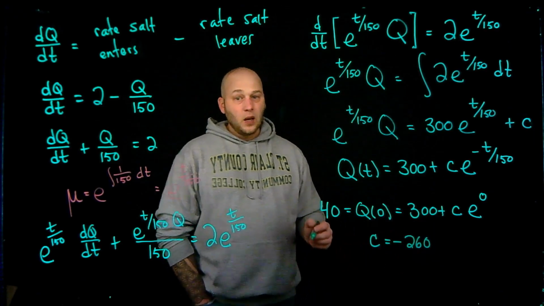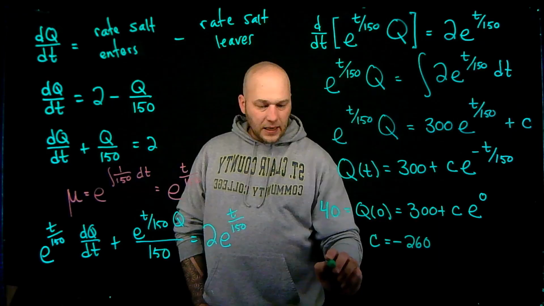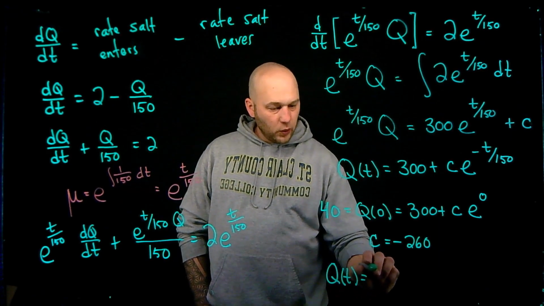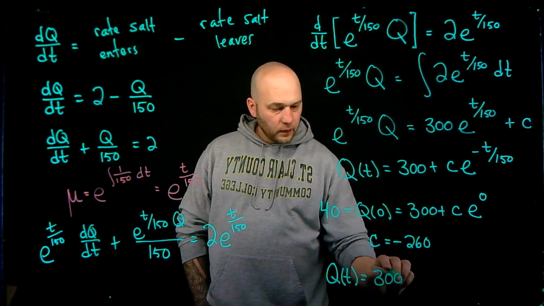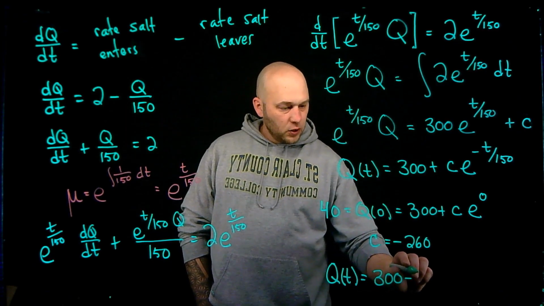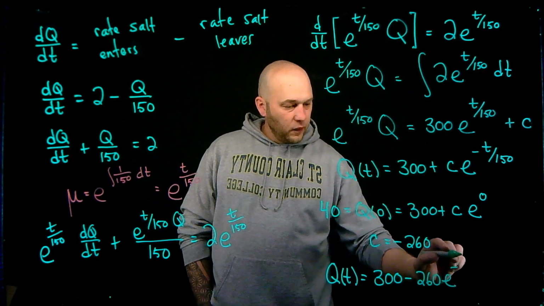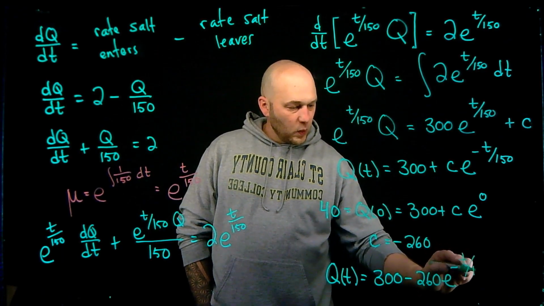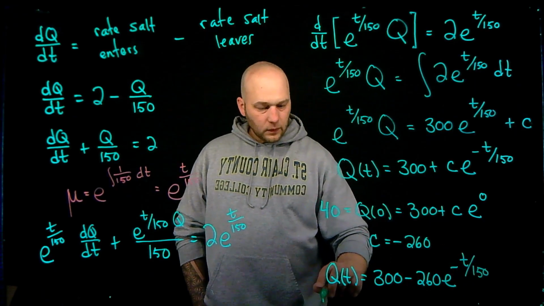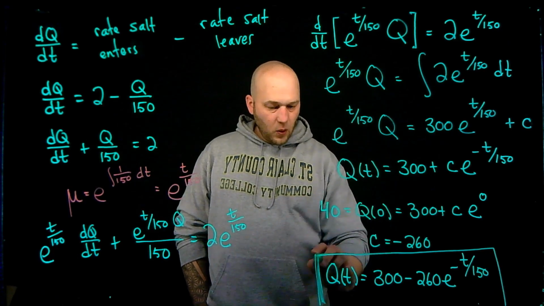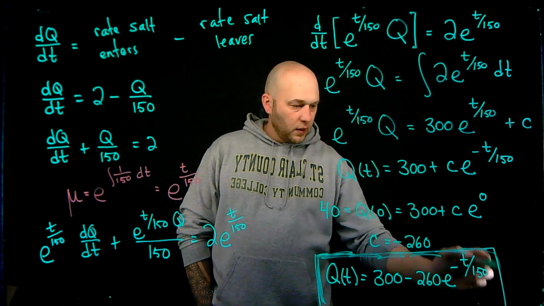Therefore, the quantity of salt for any time is Q(t) equals 300 minus 260e^(-t/150). So this is the function that represents the quantity of salt in the tank.